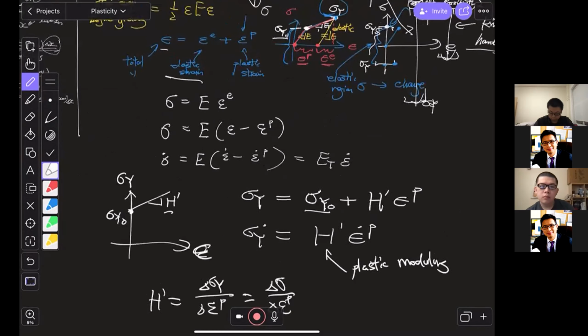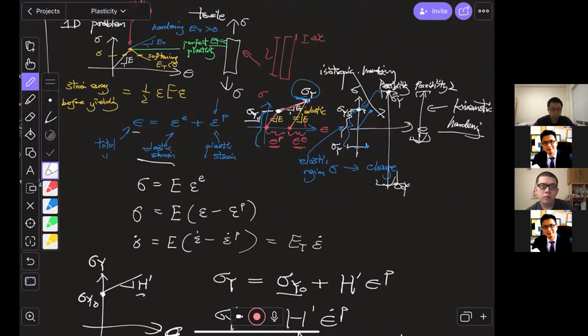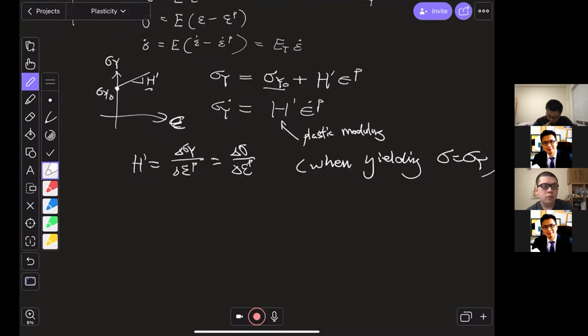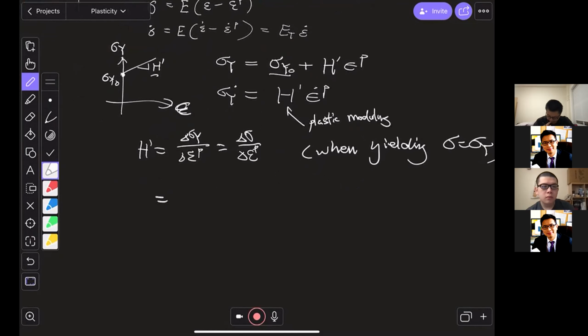Once the material is yielding, you see, sigma equals sigma y. And that would equal delta sigma divided by delta epsilon p, which would equal delta sigma divided by delta epsilon minus delta epsilon e.